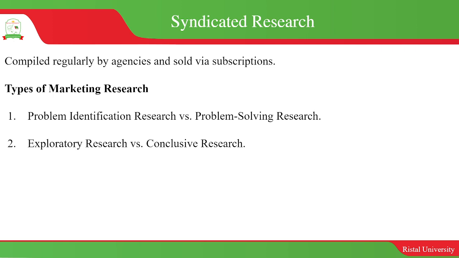What is really happening? So you can use that as a very good source of information for research. So we will have agencies that actually do this research or collect information, and you can access this information if you pay some money. So that is basically what we call syndicated research.